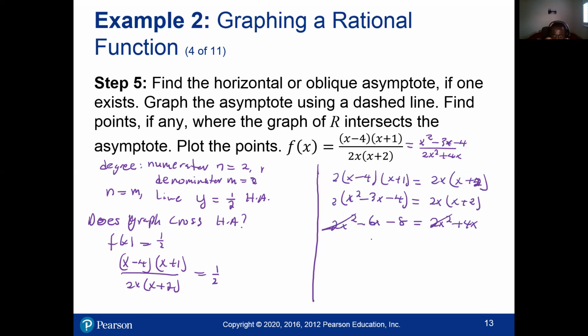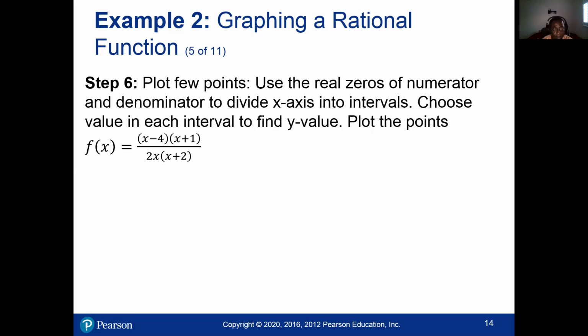And so you have minus 6x minus 8 is equal to 4x. And then if you subtract 4x from both sides, that gives us minus 10x minus 8 equal to 0, and minus 10x is equal to 8, and therefore x is equal to minus 8 over 10, which is minus 0.8.